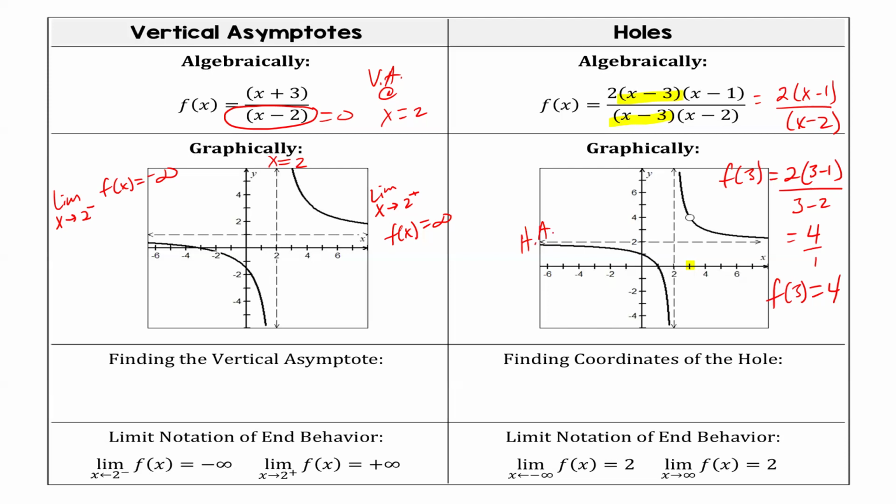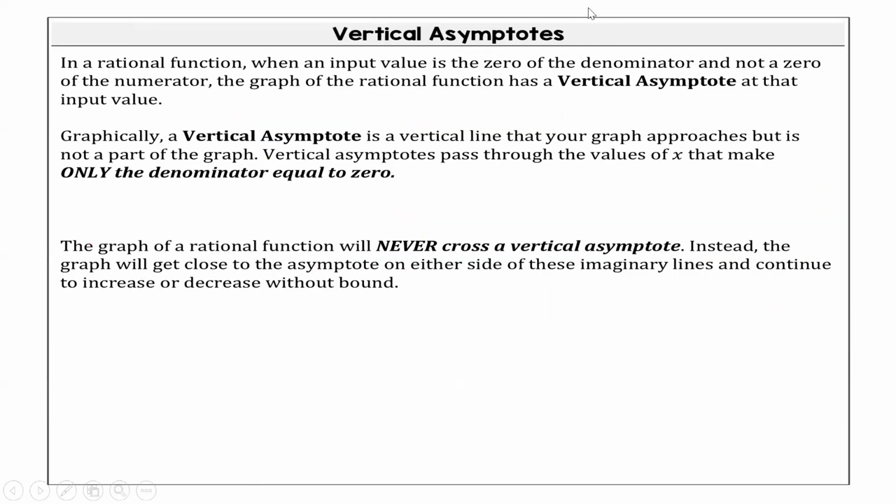All right, how do we feel about finding a hole algebraically and graphically? Doable? All right, let's move on. Okay, so in a rational function, when the input value is a 0 of the denominator and not a 0 of the numerator, the graph of a rational function has a vertical asymptote. We've learned, we've summarized that.